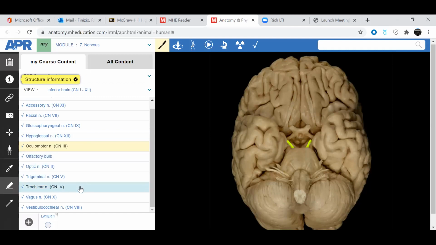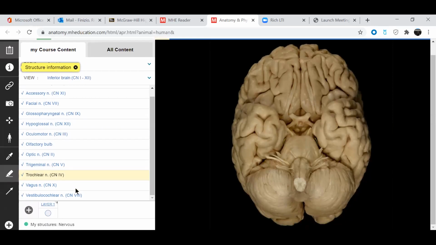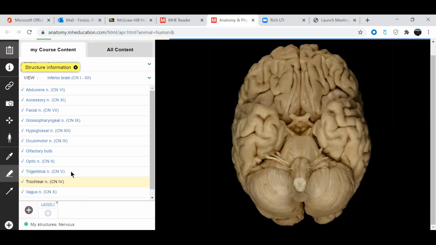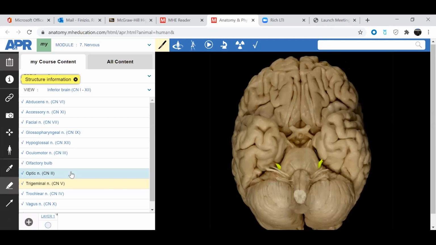And trochlear, kind of small, see it? And then the trigeminal is here. Thick one, that's kind of easy to see. And then the abducens kind of stands alone.